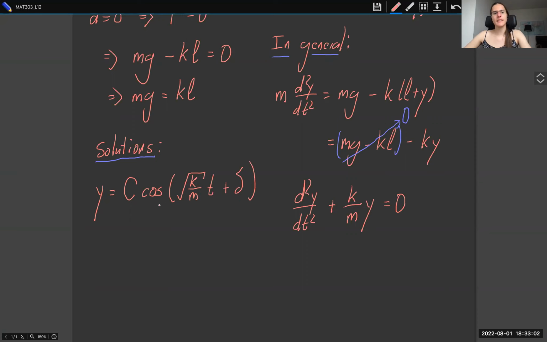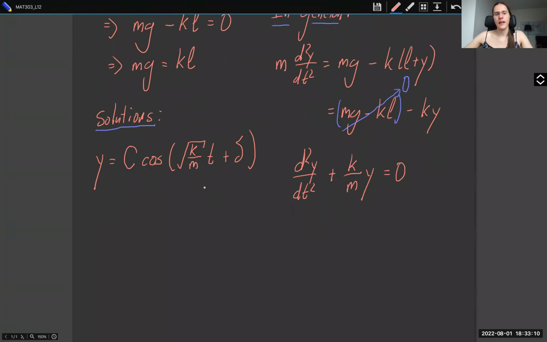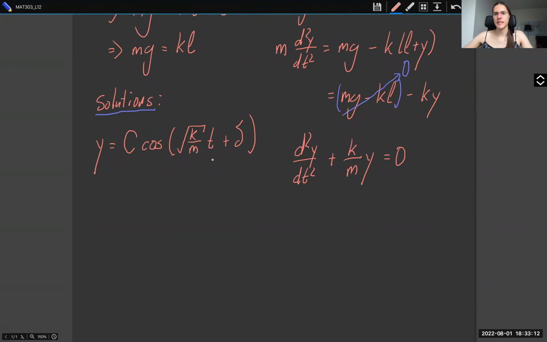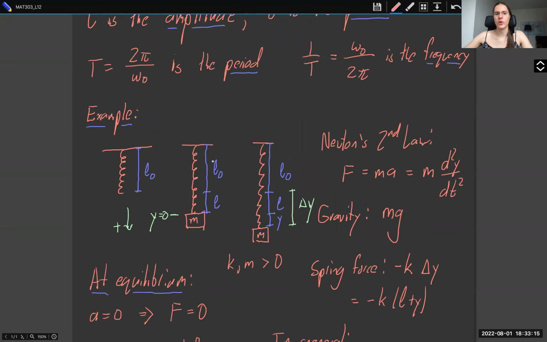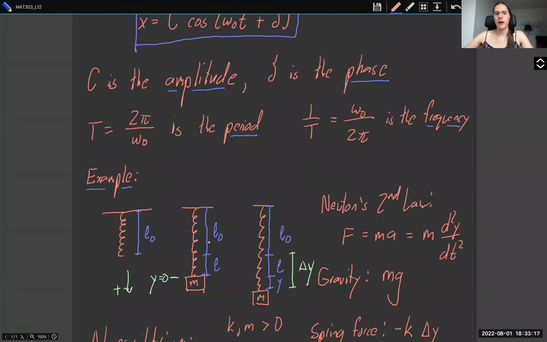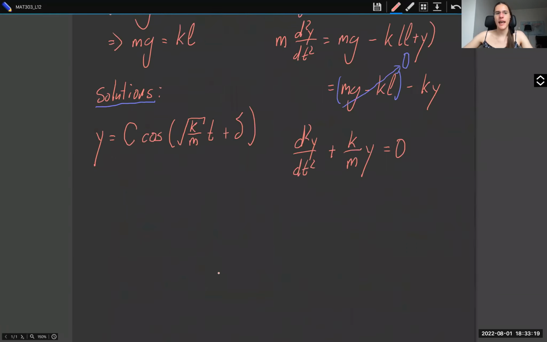And basically c and delta are going to depend on where the spring is initially at time 0. And I guess also what its velocity is at time 0, because this is a second order equation. So we'd give both the position and the velocity, and those two initial conditions would correspond to these two parameters in the general family of solutions.